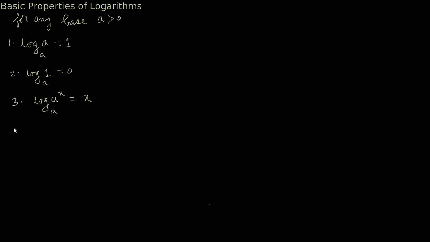And number four, the property is a power logarithm of x, base a, is going to be equal to x. All right, so that is basically the four basic properties of a logarithm function with any base a.